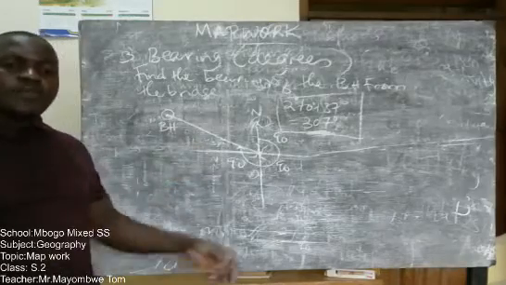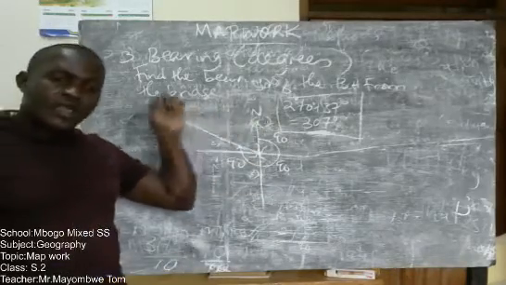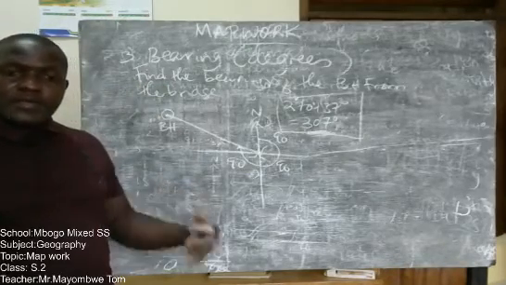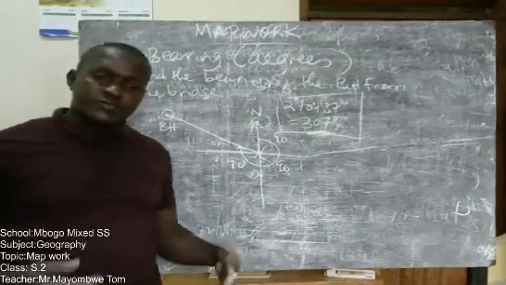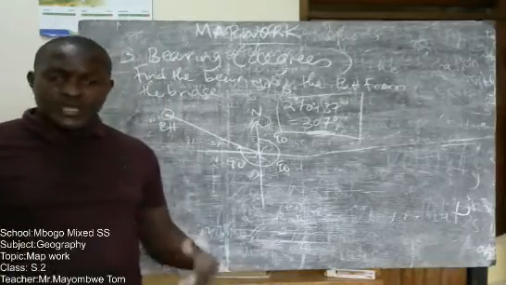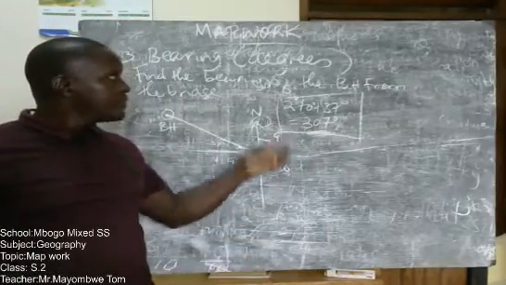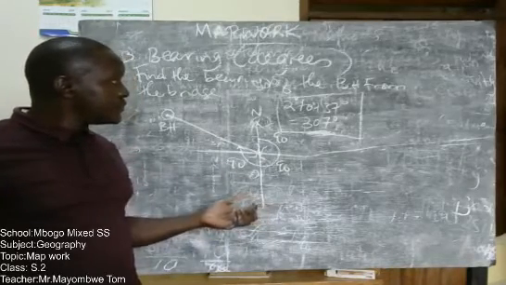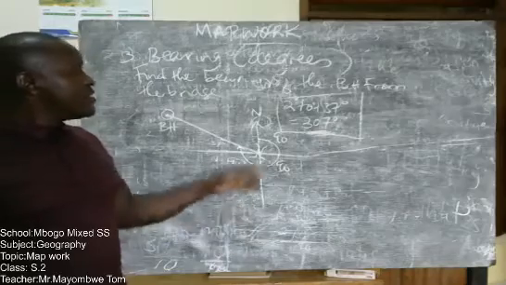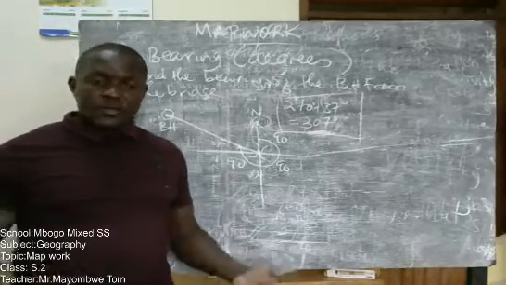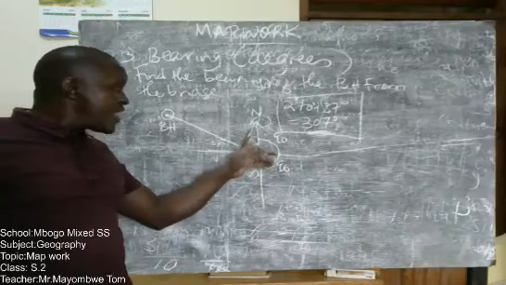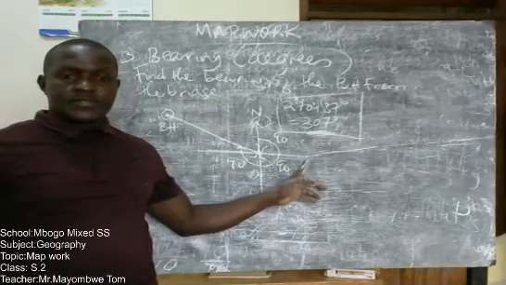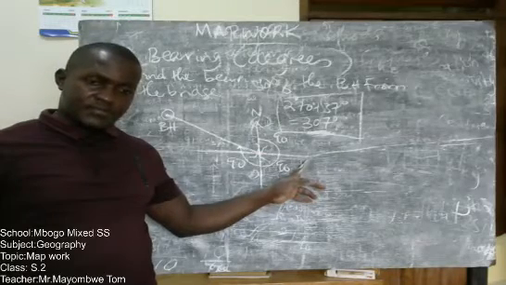After that, go back to the question. Identify the place which comes after the word from. After identifying the place which is coming after the word from, then at that place, draw there a compass facing north.